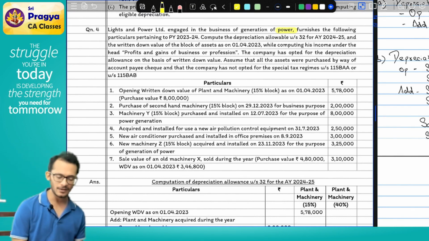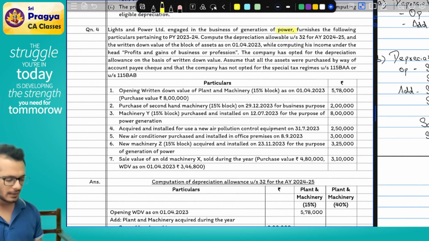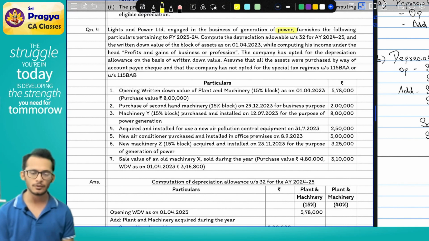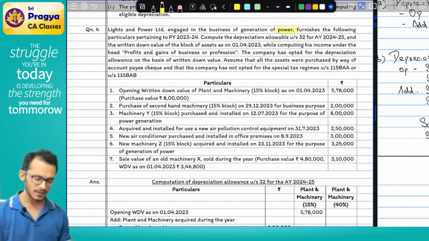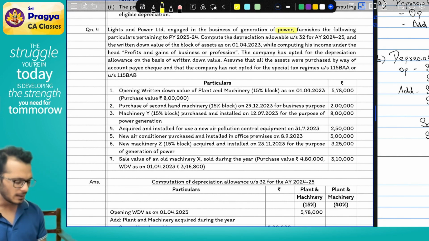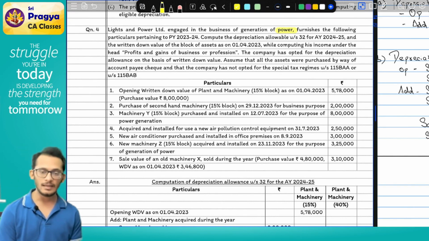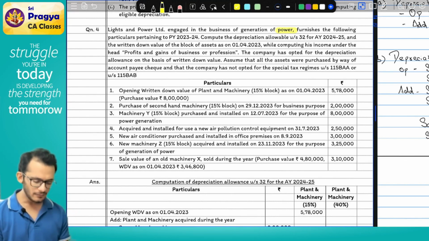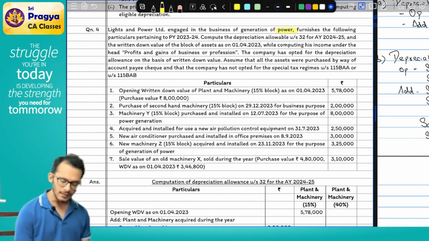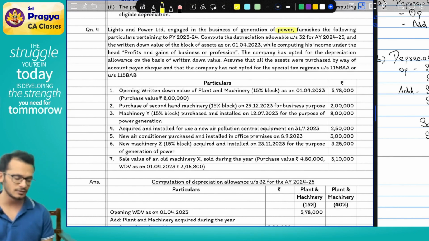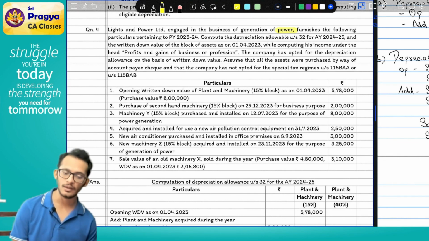So Lights and Powers Limited is engaged in the generation of power. Furnish you the following particulars relating to previous year 23-24. They compute the depreciation allowable for year 24-25 and the written down value of the block as on the last day. While computing the income under the head PGBP, the company has opted for the provisions of depreciation as per written down value.